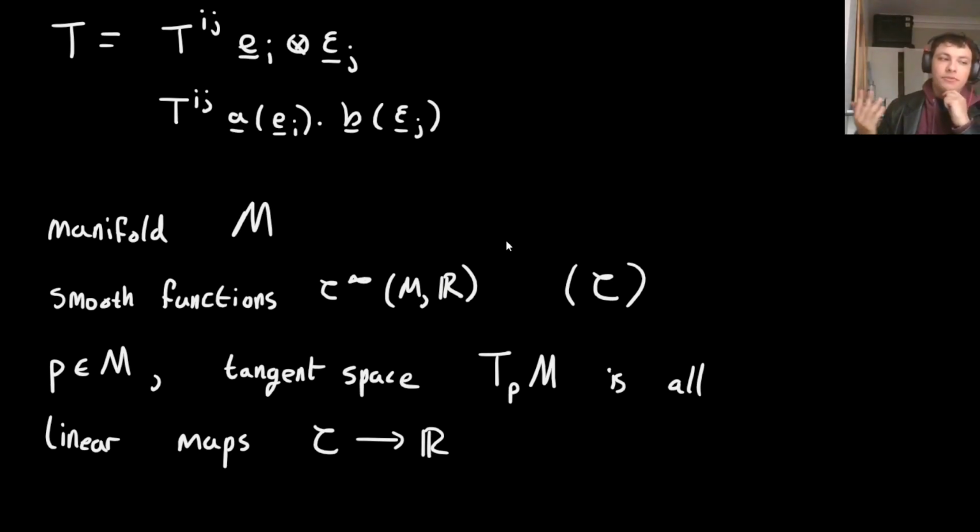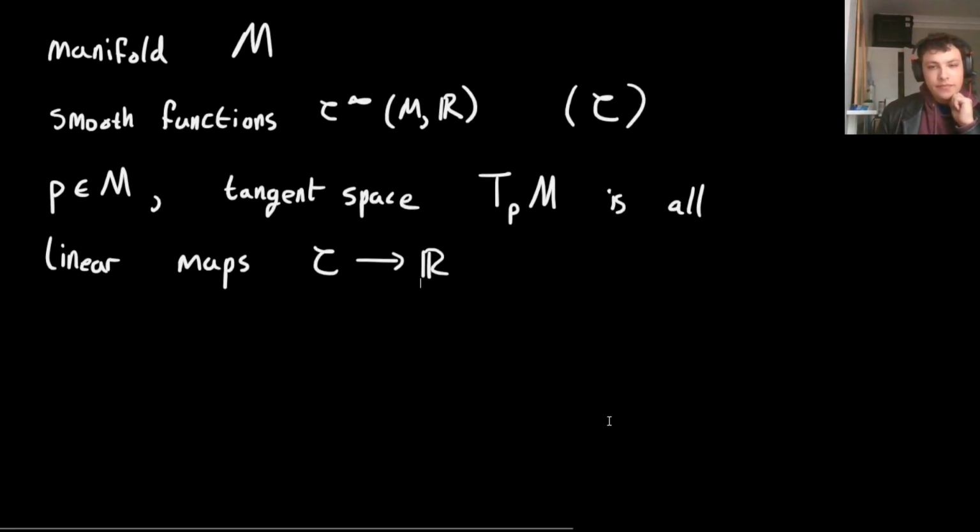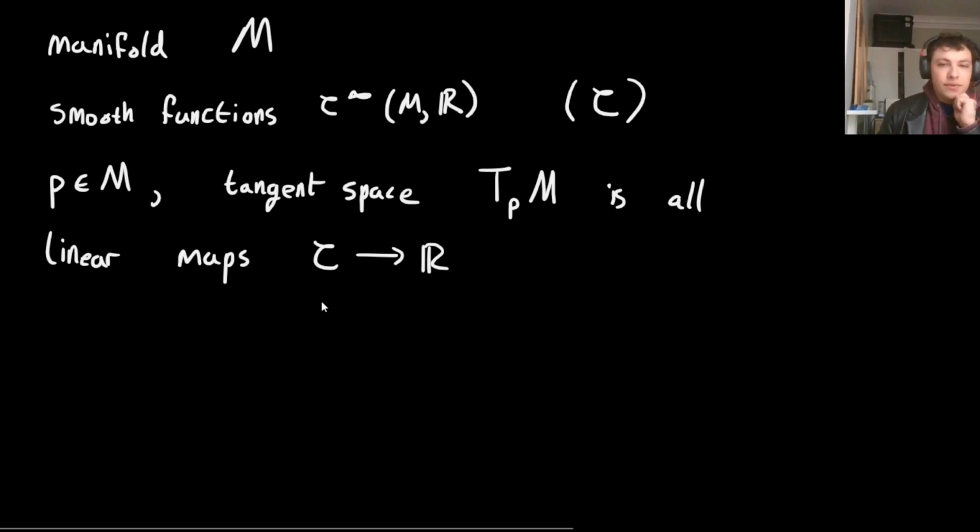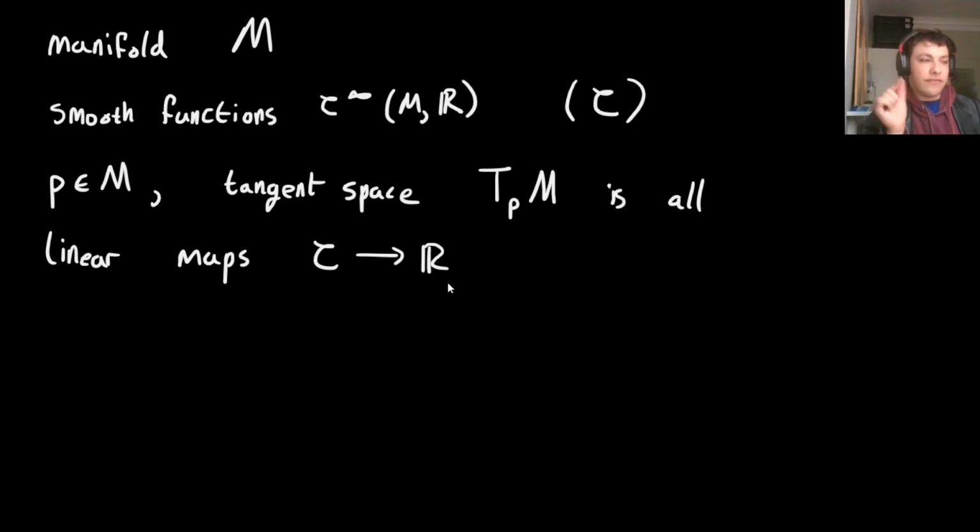You can multiply them by a real number and get a new smooth function. So linear maps from C to R, but it's not just linear maps from C to R, because you also have a product within C, right? You can have a smooth function F, smooth function G, multiply them together, FG, another smooth function.